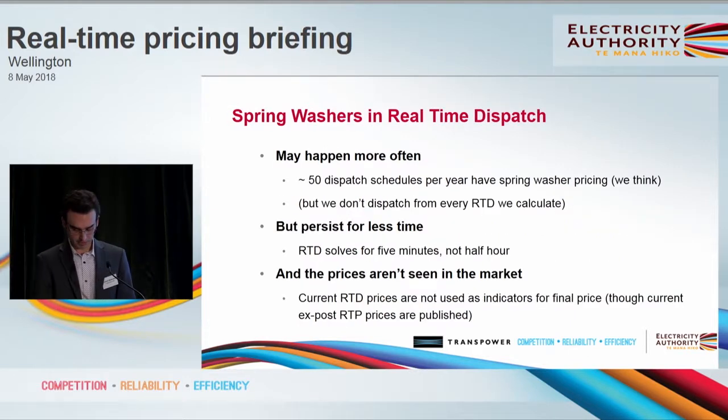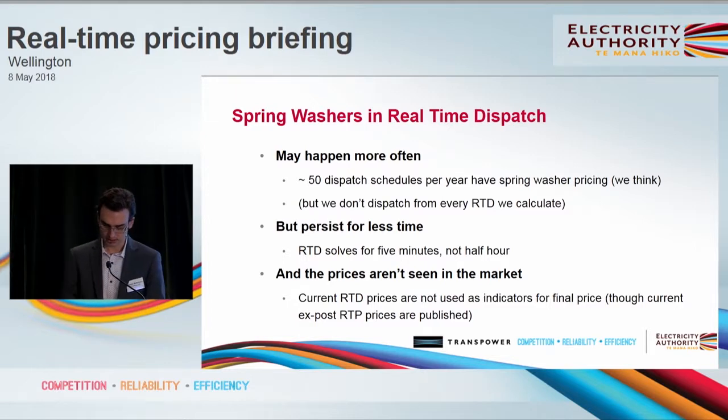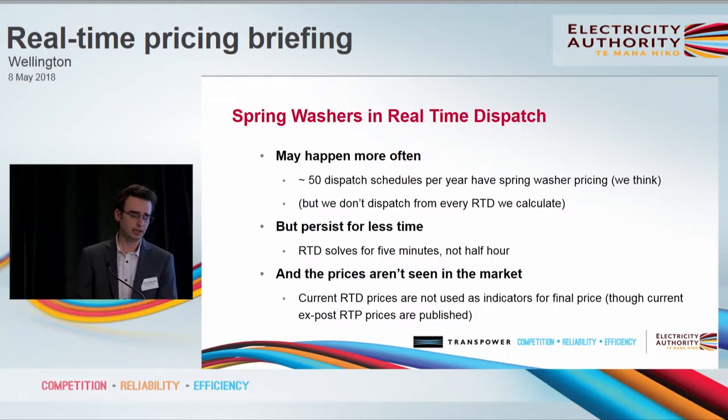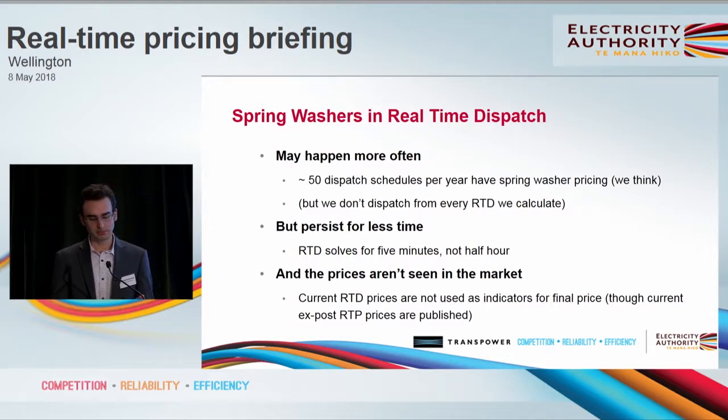So a number of participants asked how often can we expect to see similar things happen under RTP, and to be honest, there isn't a very good answer for that at the moment. But what we have done is consider the case where, disregarding the arbitrary 5 times multiplier that currently exists, we look at the way RTD solves, which is our dispatch schedule.